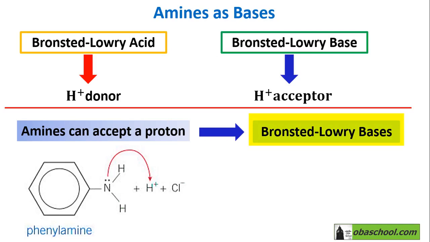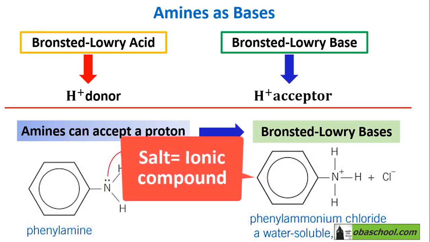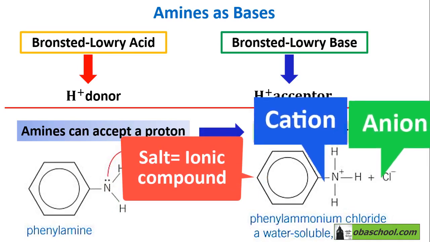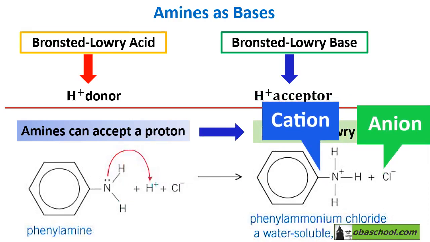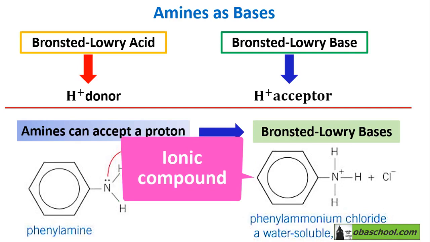So amines can act as Bronsted-Lowry bases. The phenylamine here, when it accepts a proton, will become phenylammonium chloride, which is a salt. It is a cation connected to an anion. They form an ionic salt, which is soluble in water.